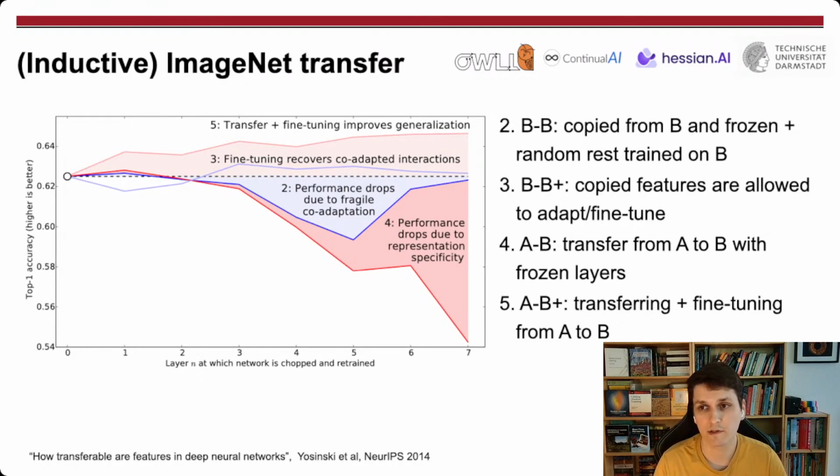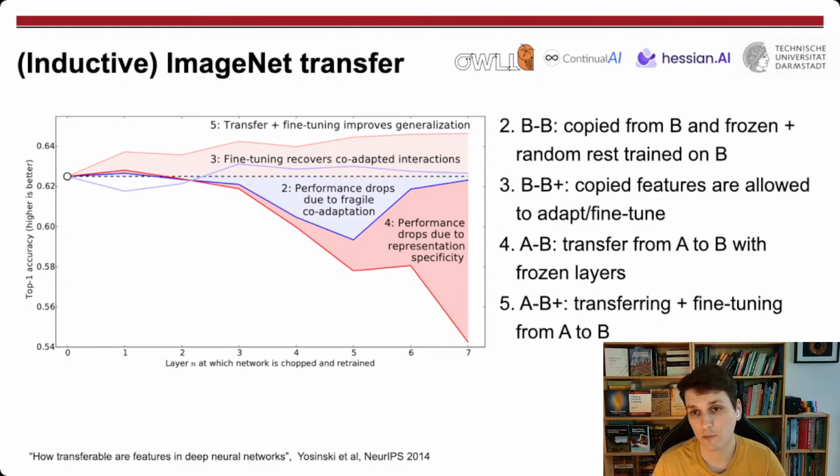The alternative would be a softer version, referred to here as 3, which is the B plus B version, where you do copy the features as well and first train on B and then again on B, but this time the transferred layers are allowed to adapt a little bit. In that sense, they're not completely frozen, but they just get transferred, and then you allow them to adapt a little bit.